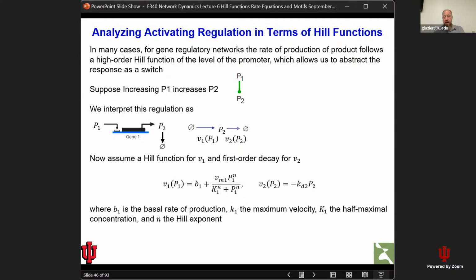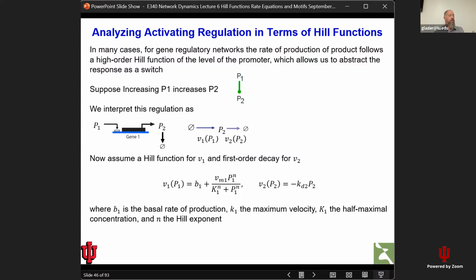In general, now we have to decide what those rate laws are. We are going to assume for gene regulatory networks that the rate law of production of the protein is a Hill function, V max times P1 to the N over K1 to the N plus P1 to the N. There's an additional twist that we apply to gene regulatory networks that we don't usually apply to signaling networks, and that is that gene regulatory networks are leaky.